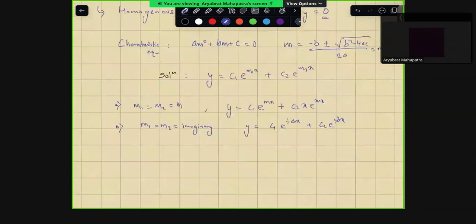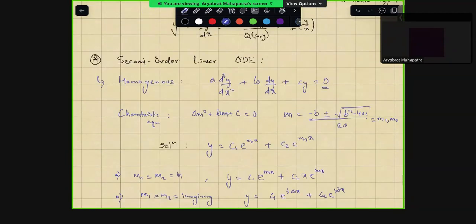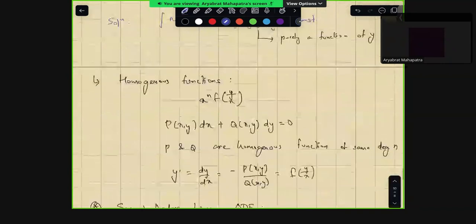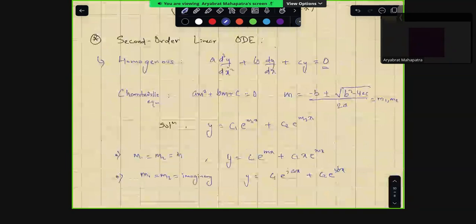I'm just doing a recap of things that we have done so far. I was talking about ordinary differential equations. We first talked about linear ordinary differential equations.